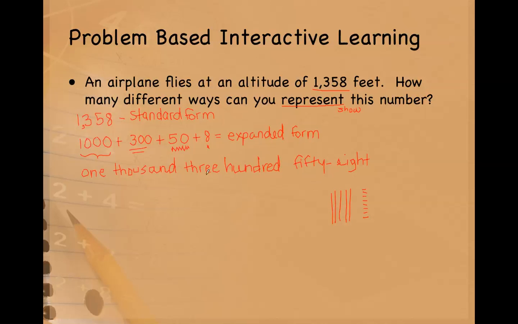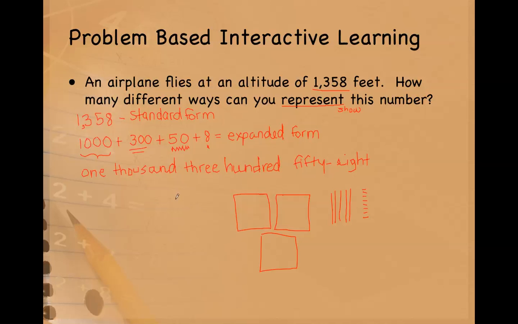5 rods is 50. Now I need to represent 300. And those are represented using flats, just squares. So that's 100, 200, and that's 300. And lastly, 1,000. And 1,000, don't forget, is 10 flats.